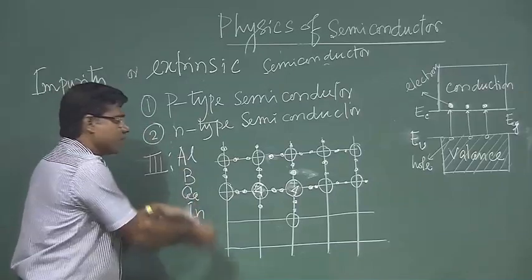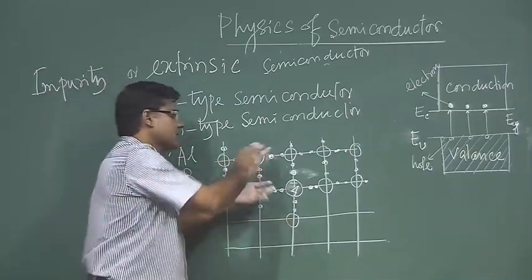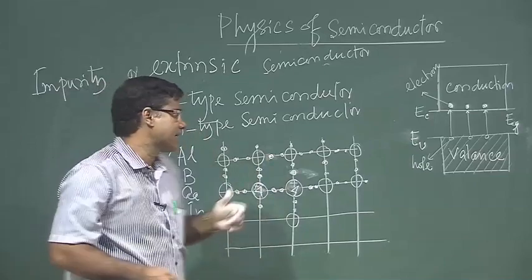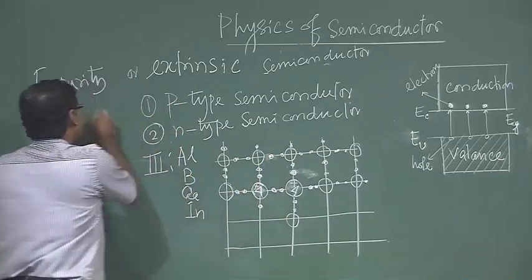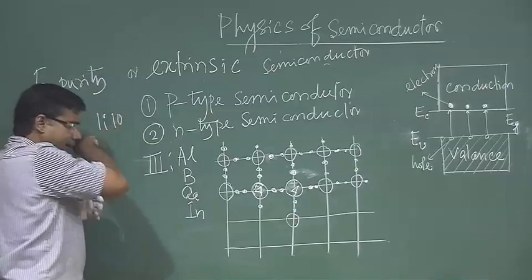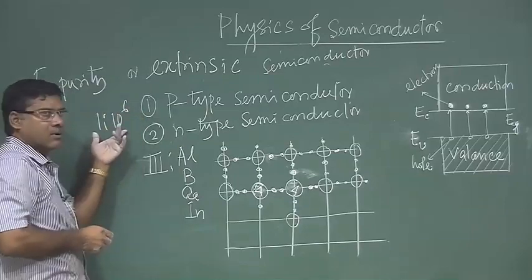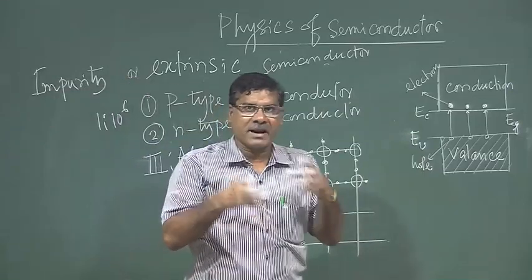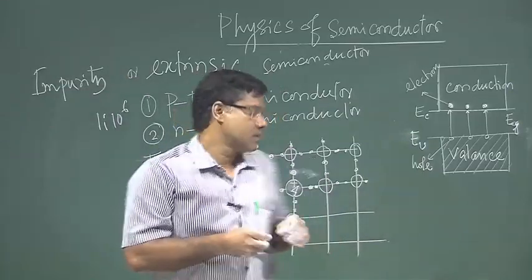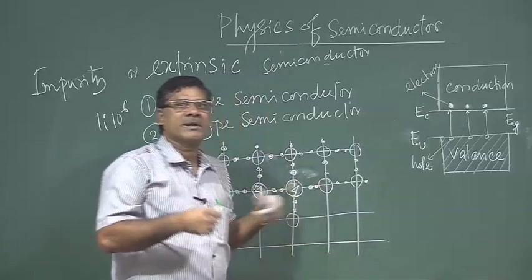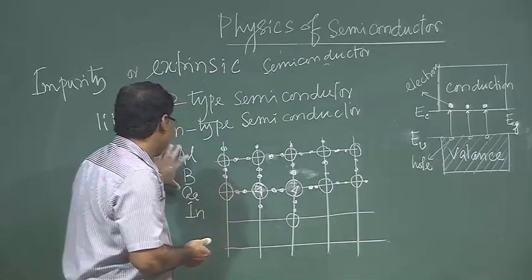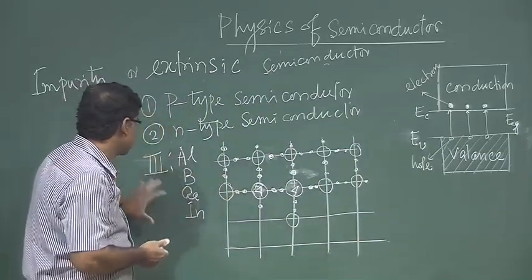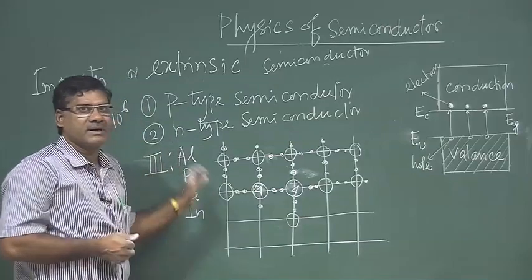One of them we pick up and dope. Doping is very small. I generally tell the ratio is 1 in 10 to the power 6 or 7. So, out of 10 to the power 6 atoms of silicon, one will be replaced by this impurity, this group 3 element.